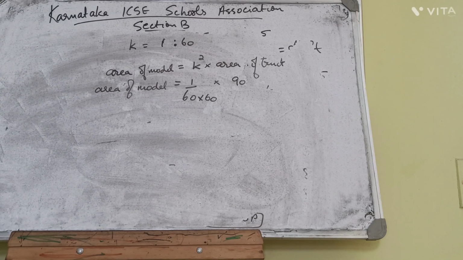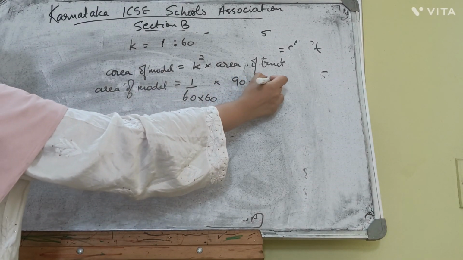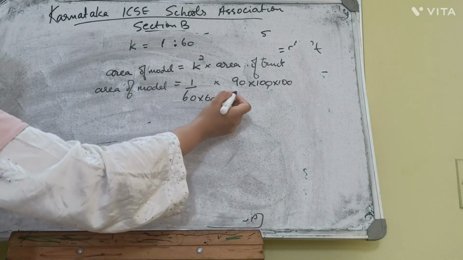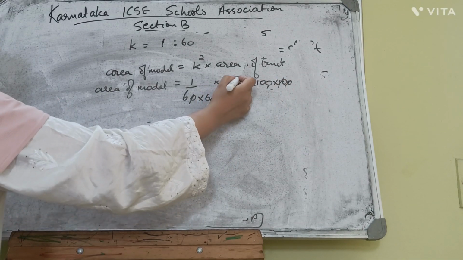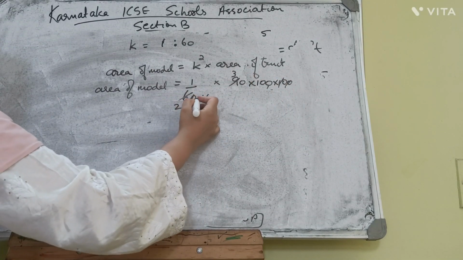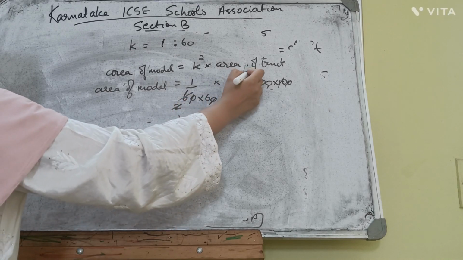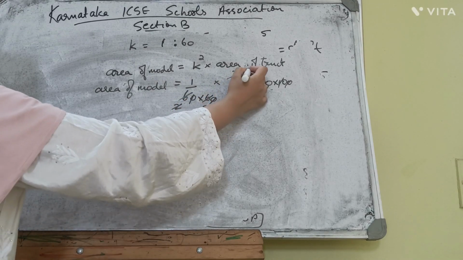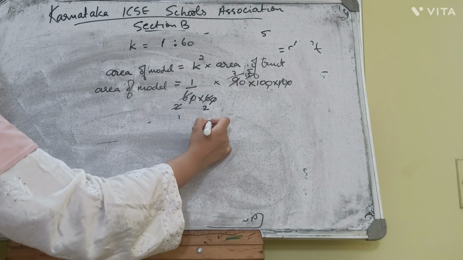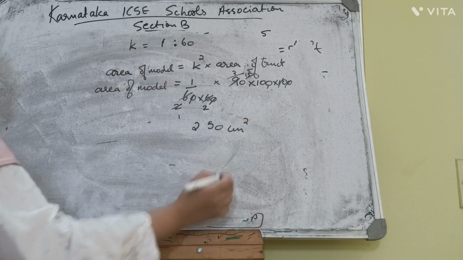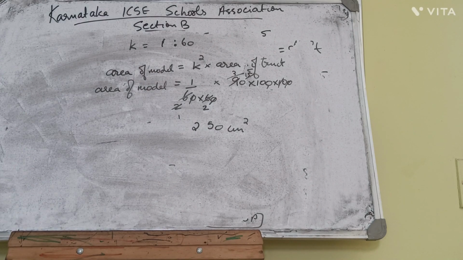Now we need to find area of the model in centimeter square and area of the truck has been given in meter square. So meter to centimeter, how do we do? We multiply by 100. Now reduce all the zeros. 250 centimeter square is the answer.